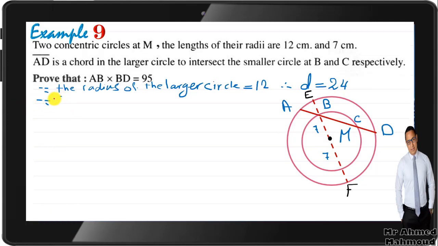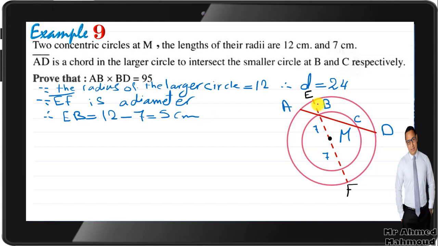Since EF is a diameter in the larger circle, therefore EB equals 12 centimeters minus 7 centimeters equals 5 centimeters. So this one equals 5, which is EB.